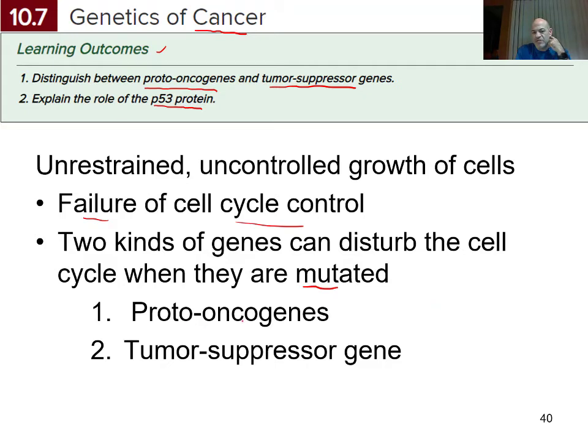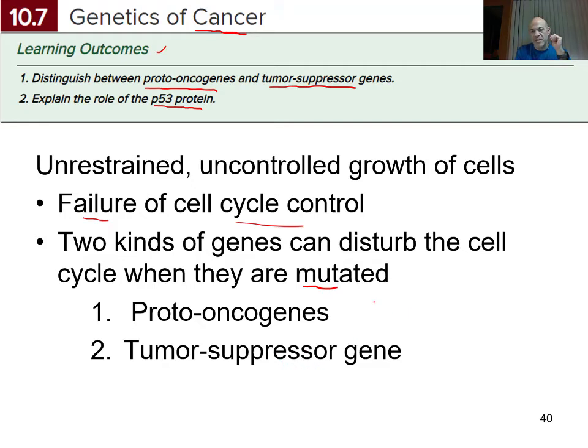But a proto-oncogene would be, these are genes that normally help a cell progress through the cell cycle to go through cell division. And they're a normal part of that control. You need to go through the cell cycle, and then you also need to pause it when it's important to pause the cell cycle. So those would be called tumor suppressor genes.